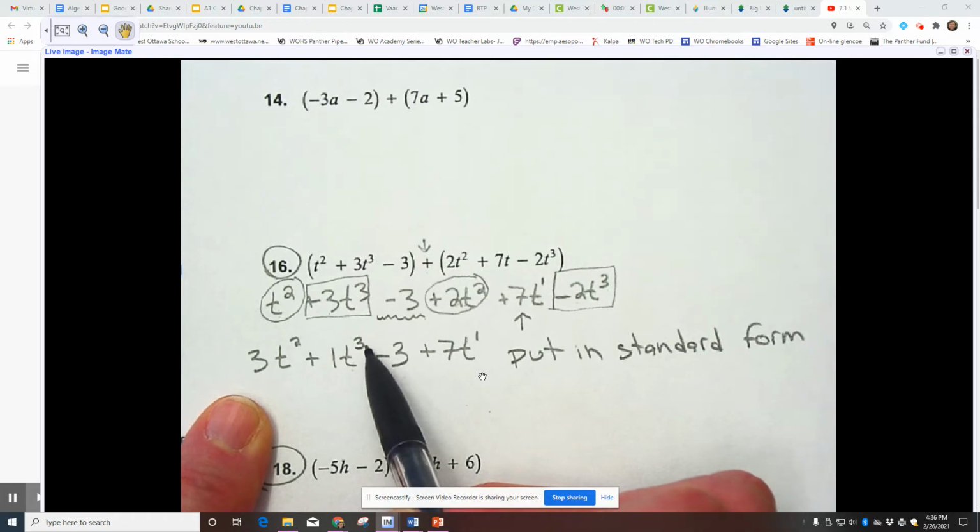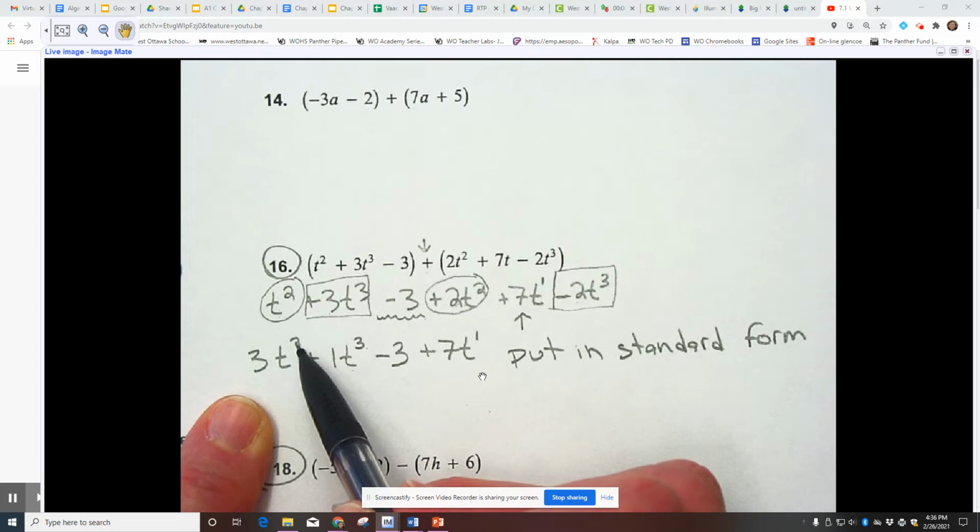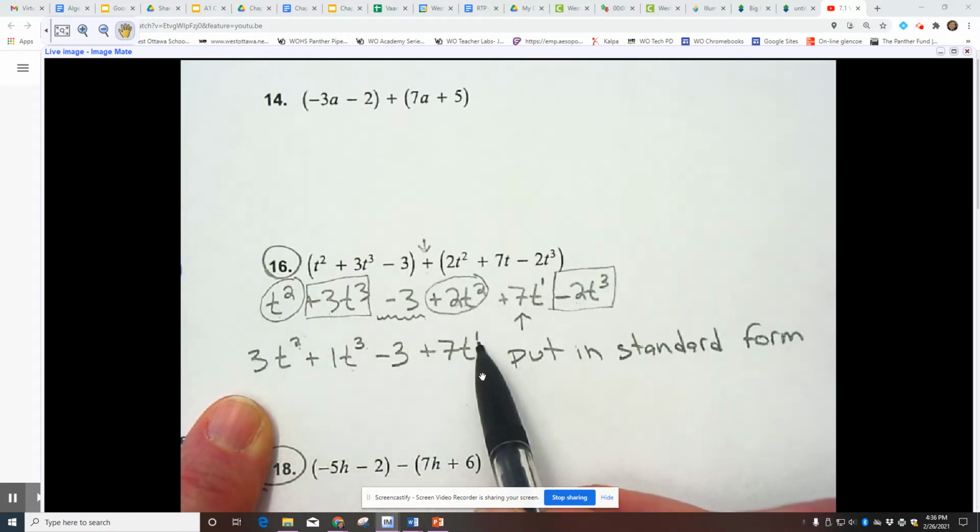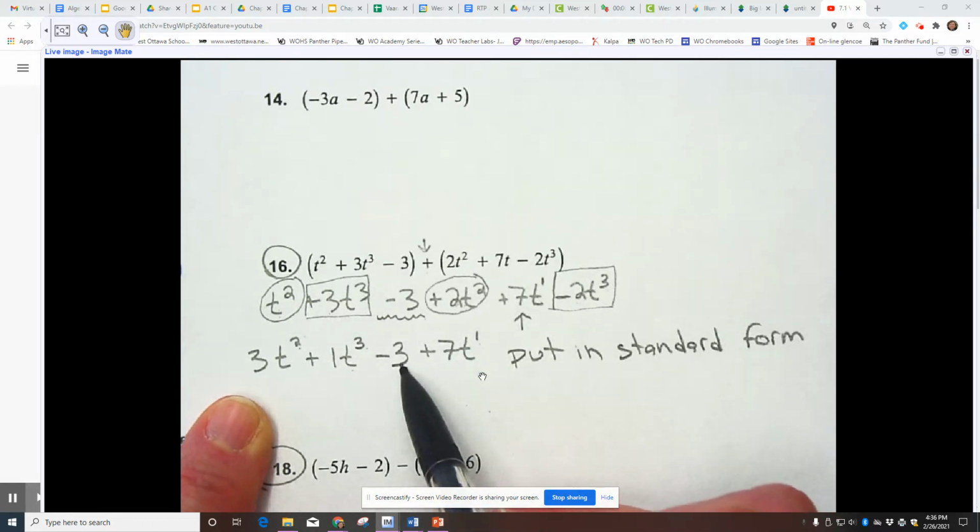So I'm going to do this term first, exponent of 3, exponent of 2, this term's going to come next, exponent of 1, this term's going to come third, and the constant is going to come last.